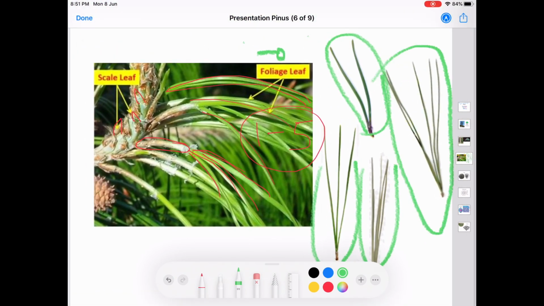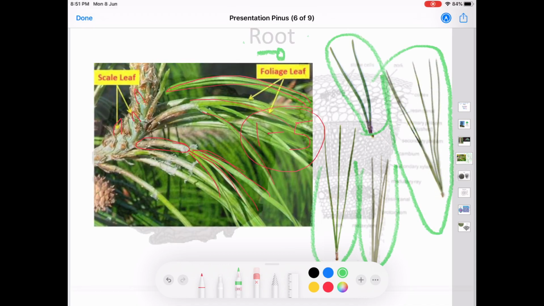That is, the dwarf shoot carries 1 to 5 foliage leaves, and this is seen in different species. This is all about the dimorphism in leaf and stem.